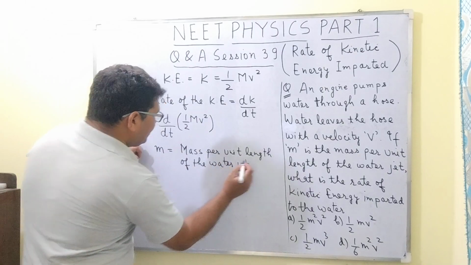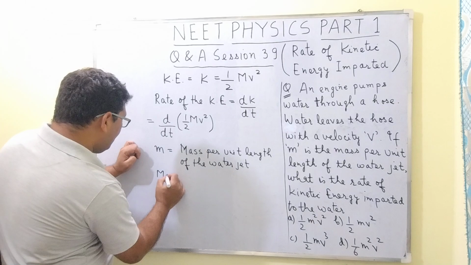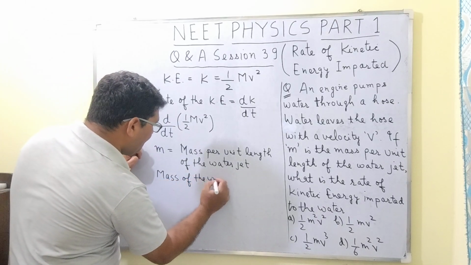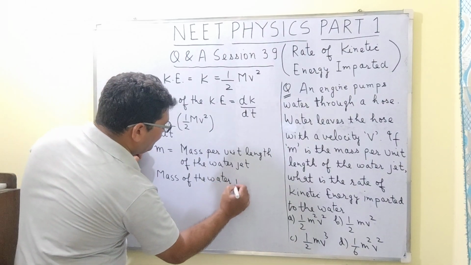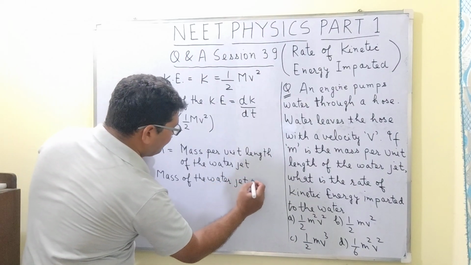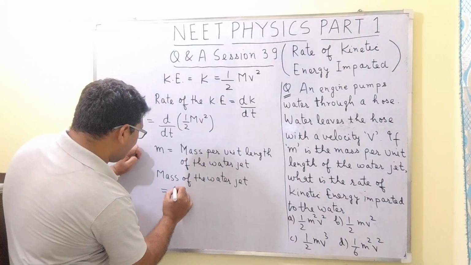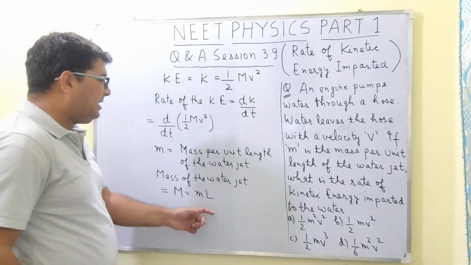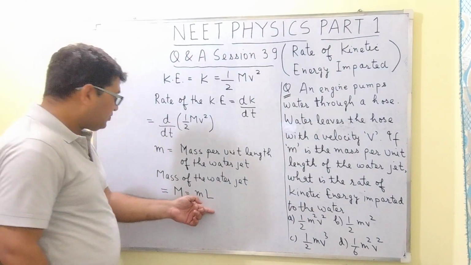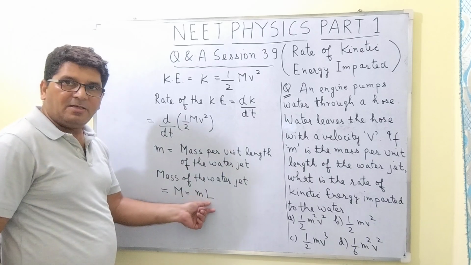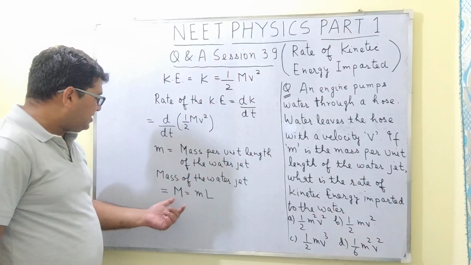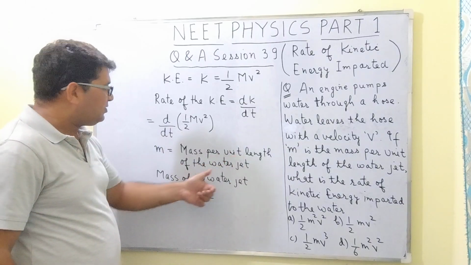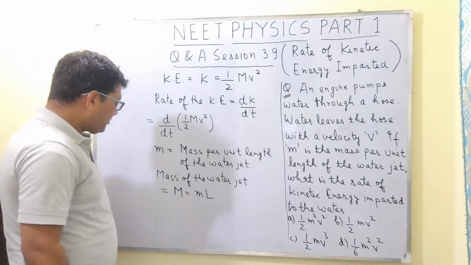So the mass of the water jet, say it is equal to m into L, where L is the length of the water jet. So if the length of the water jet is equal to L, then the mass of the water jet will be equal to m into L, where m is the mass per unit length of the water jet, which is given in this question.